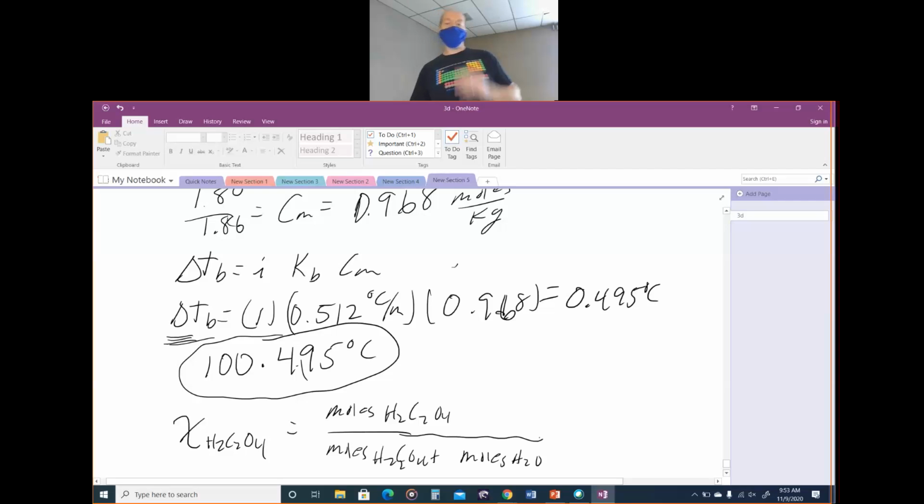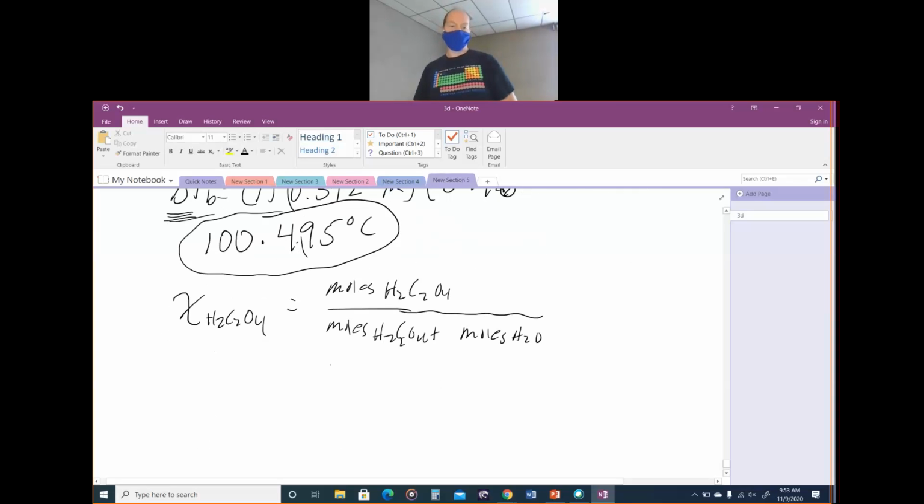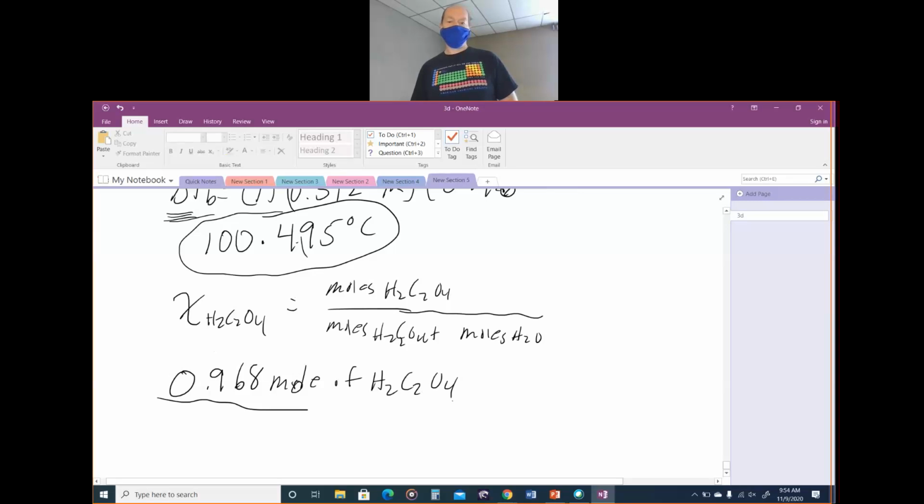All right, so this is where you're going to do this many, many times, that we have a molality. So our molality is 0.968. And you have to know the exact units. Moles per kilogram is not good enough. This is moles of the solute per kilogram of the solvent.